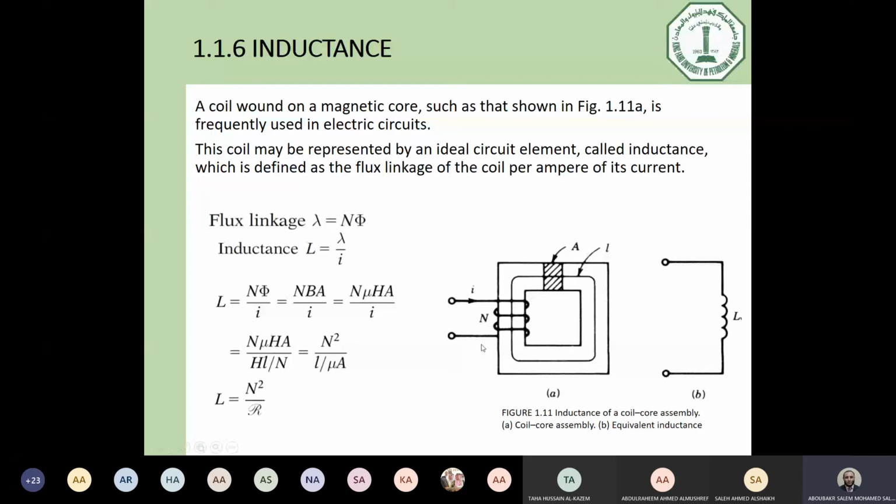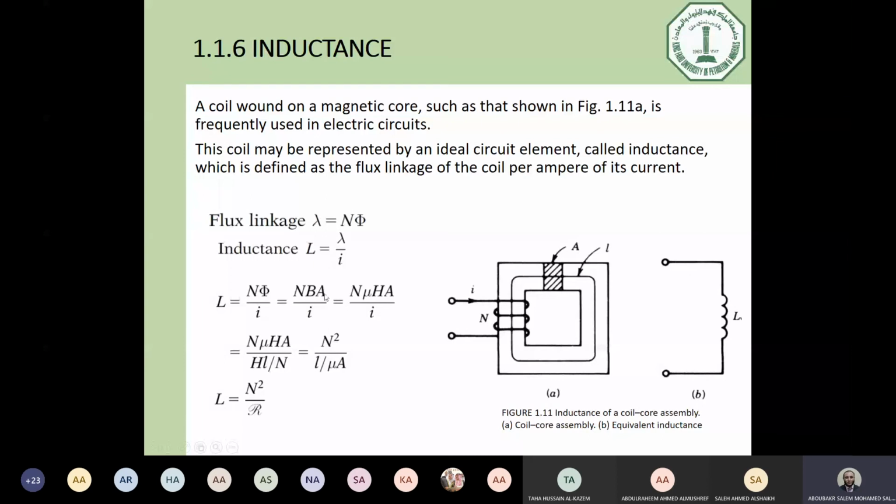We need to calculate the inductance based on the materials we are going to use, the wire itself, the core, okay? So let's simplify the equations to get the main parameters of inductance. So if you now divide lambda by I, so N phi divided by I, and phi is nothing but B multiplied by the cross-section area, and the cross-section area is a function of the core itself, so it's good.